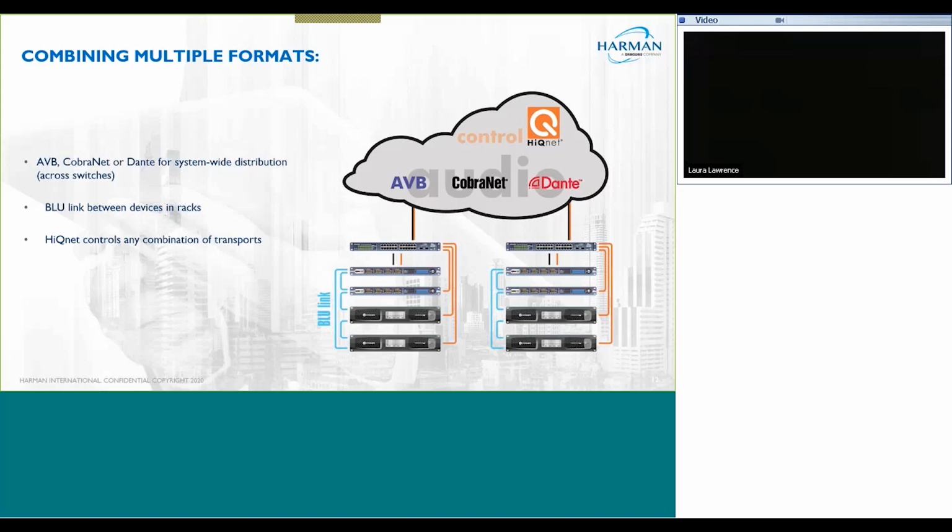Generally it's Dante, to be honest. Most of the time people use Dante on the existing infrastructure to pass the audio from IDF to IDF. And then in each IDF, there's a converter that converts the Dante traffic to BLU link, and then it's just BLU link in and out.